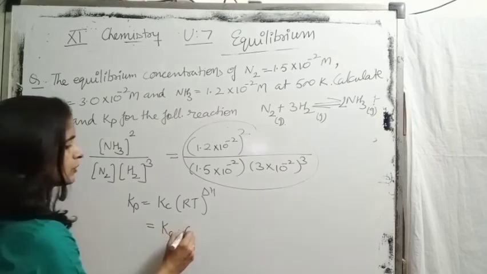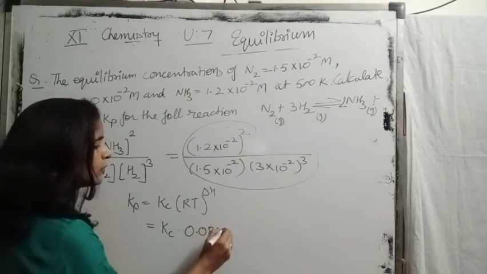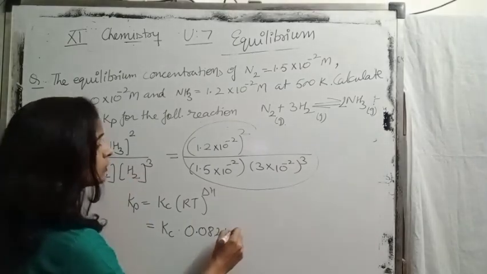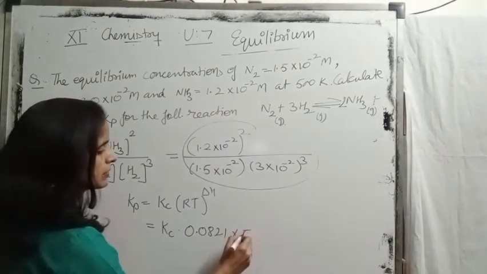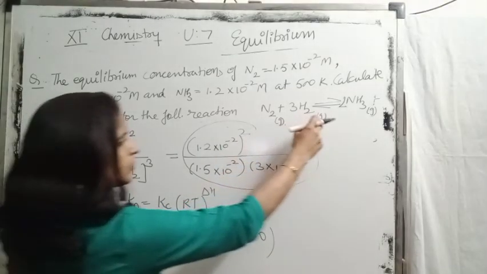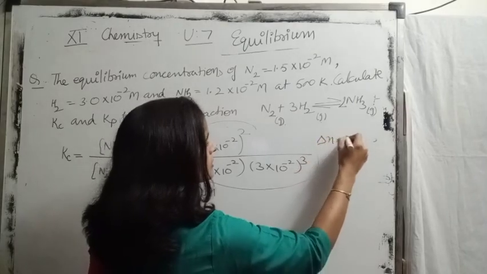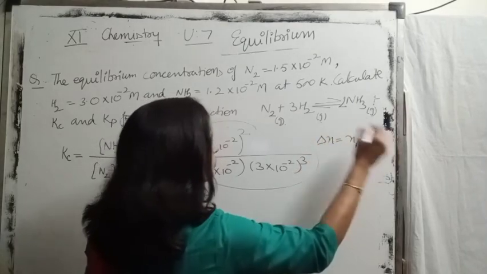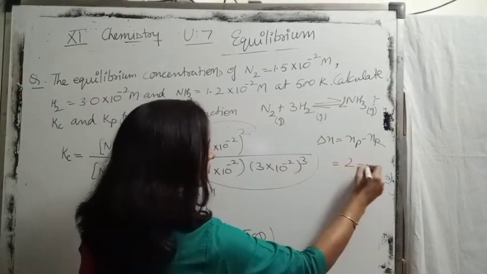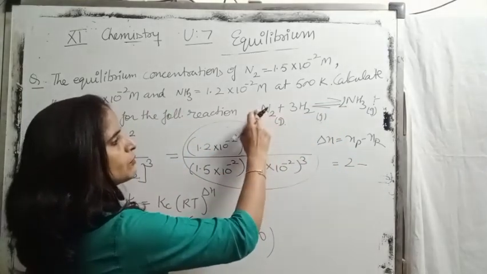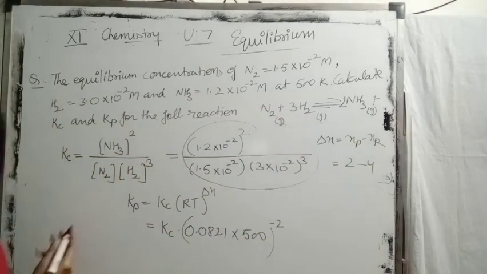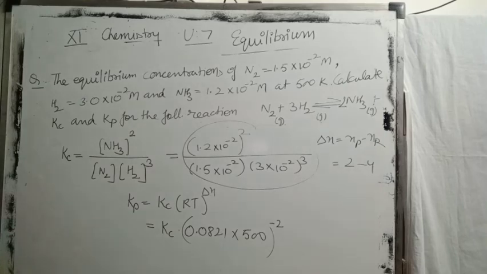R, we know, is 0.0821 liter atmosphere per Kelvin per mole, into the temperature given, 500. Delta n, from here we can calculate, that is number of moles of products minus number of moles of reactants. Number of moles of products 2, reactants 3 plus 1, 4, so this is minus 2. Solve this, it will give you the value of Kp.